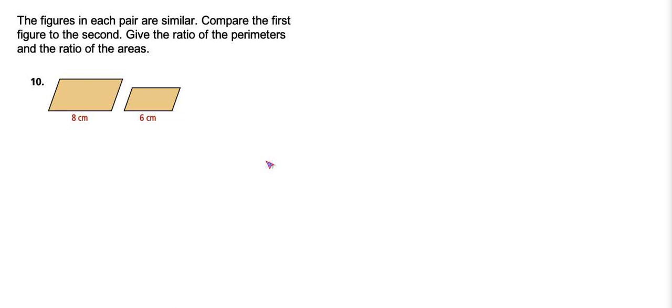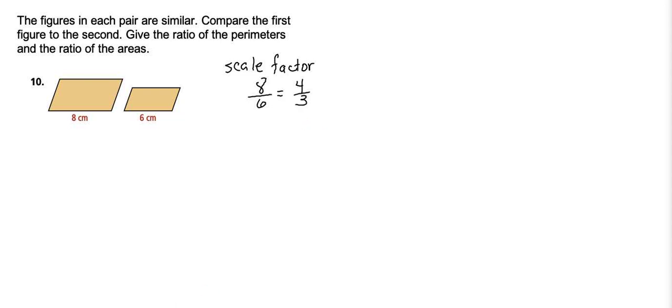So first of all, we really just need to find that scale factor. So what is the scale factor? Well, the scale factor is 8 to 6. Oh, not really. That reduces, doesn't it? 4 to 3. So the scale factor is 4 to 3.